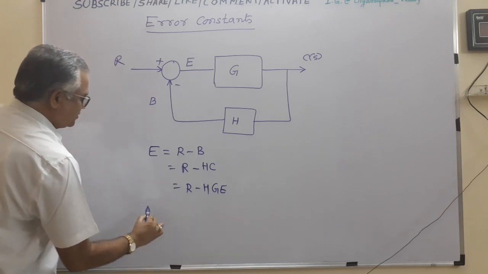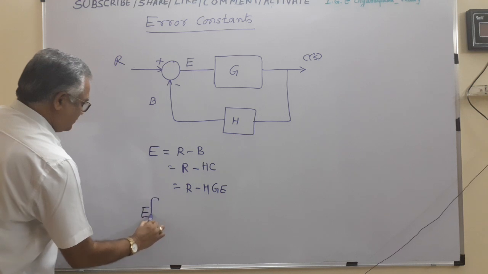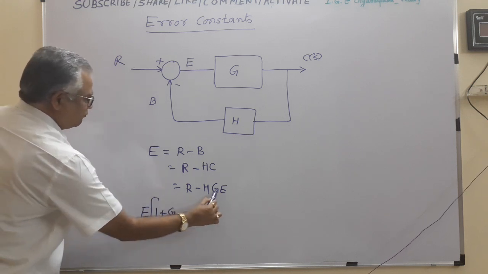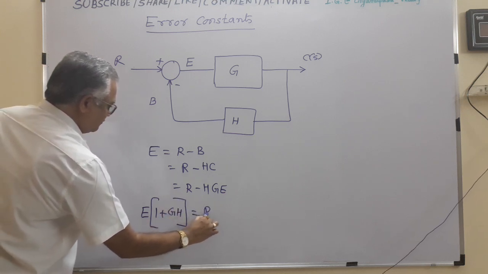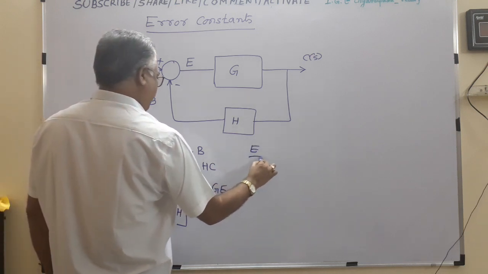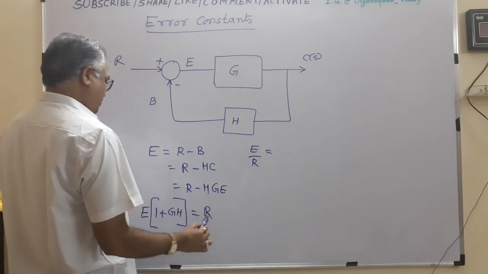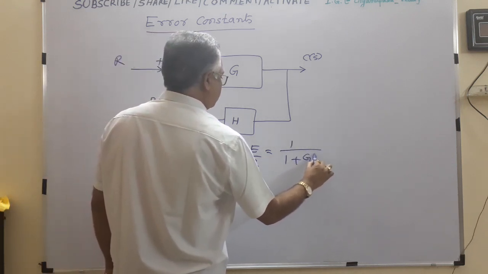So if you bring this side, 1 plus GH equals R. Therefore, E by R equals 1 by 1 plus GH.